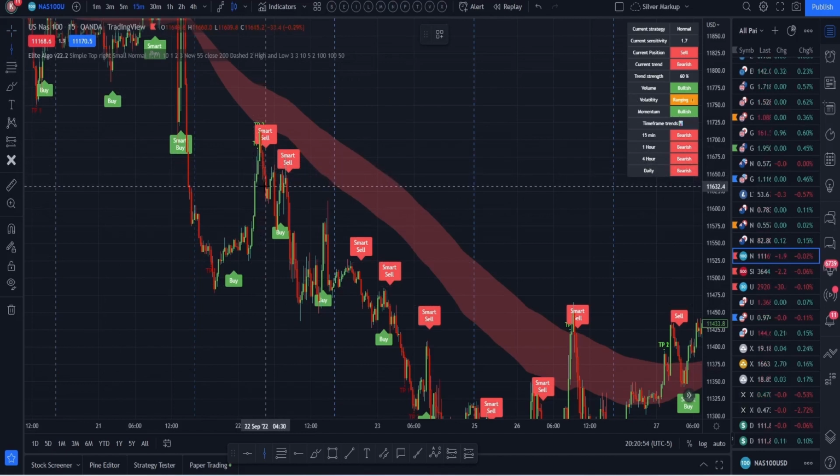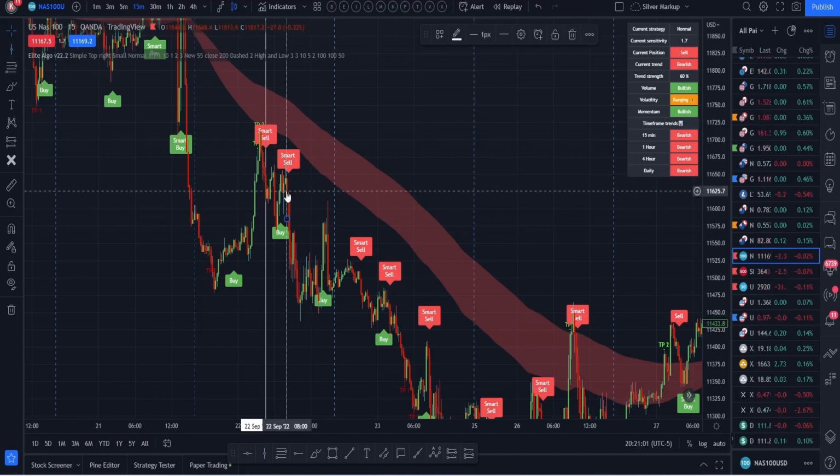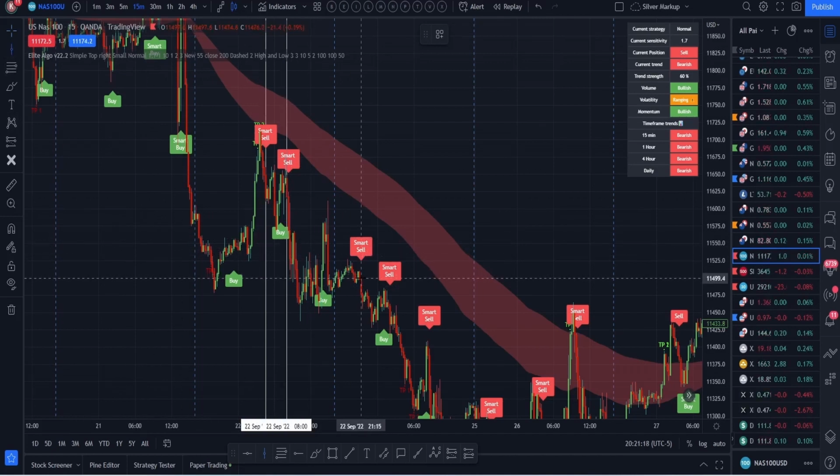So I look here, and this is something that you can do when you first start trading a pair, because with Elite Algo, it focuses on getting you good entries on specific pairs that you have it on. You don't want to be going too much back and forth with Elite Algo, because Elite Algo is really good at maximizing a pair. So going into it, these positions look pretty good.